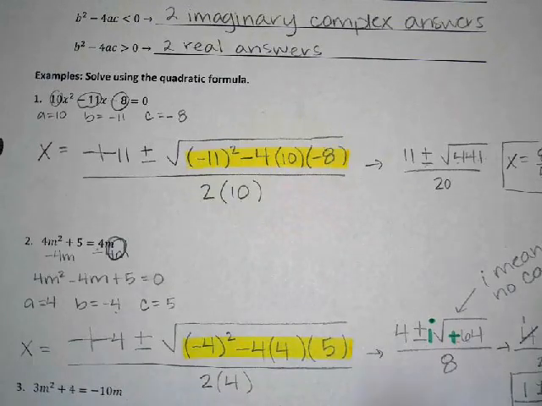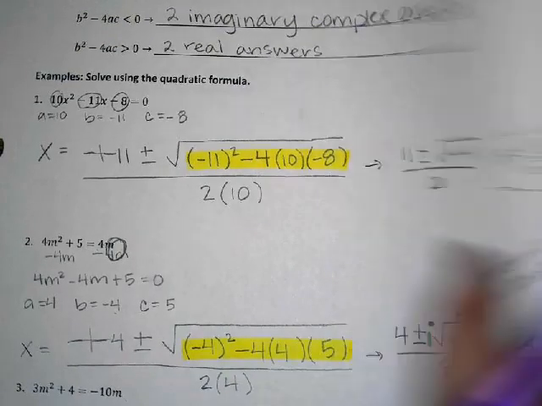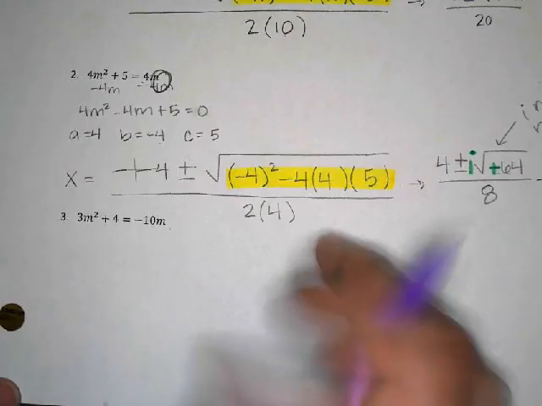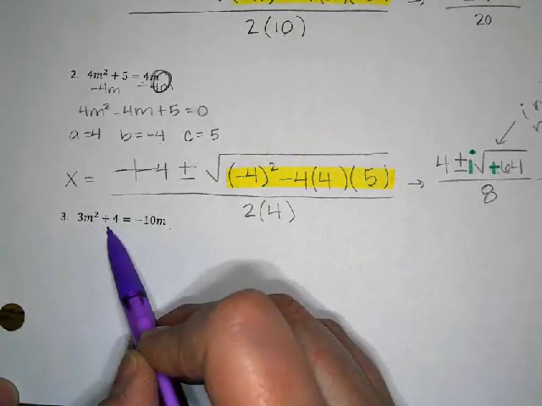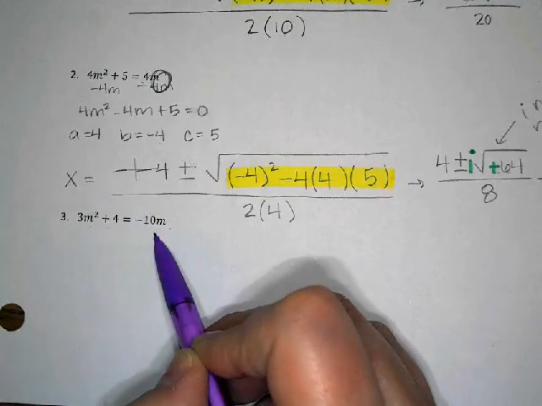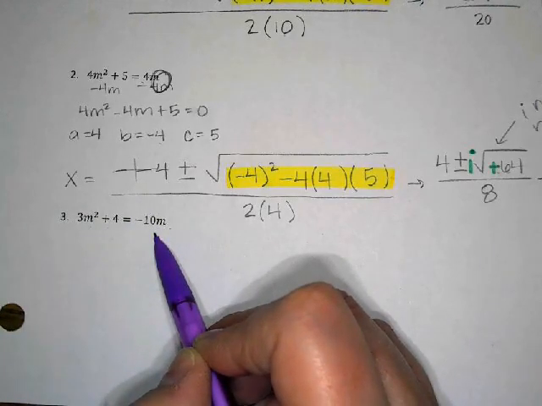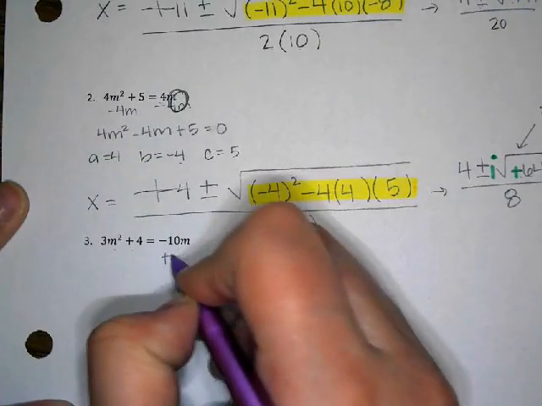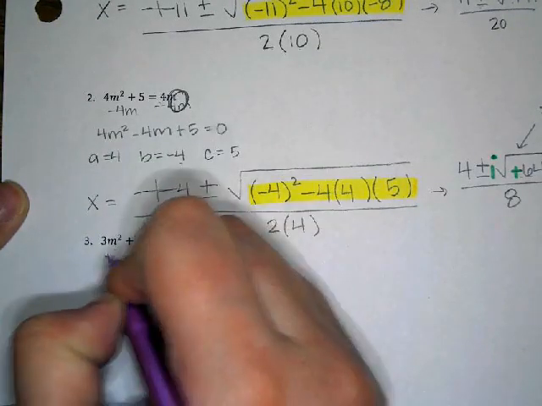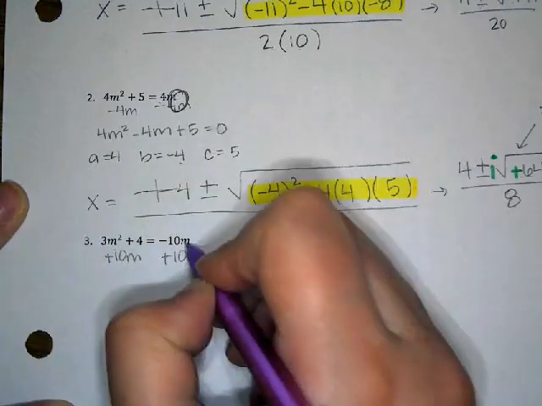Let's do the last one. 3m squared plus 4 equals negative 10. Is this one ready to go? You got to add the 10. So we're going to do plus 10m, make it equal 0. And then how should I write these out?